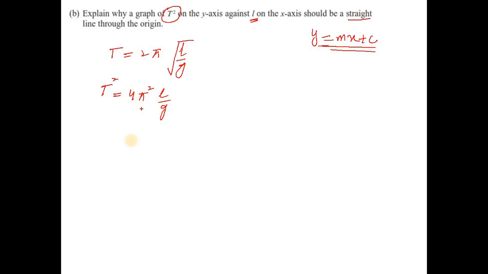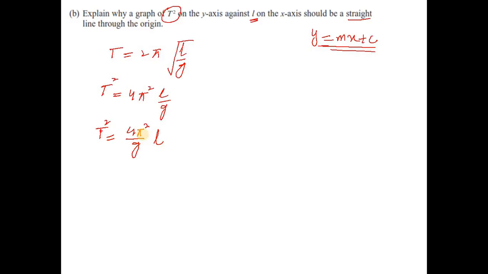And if you rearrange this equation, T square is equal to 4 pi square upon g into L. I rearrange the equation so that I have all the constant numbers in one place together and the variables separate.